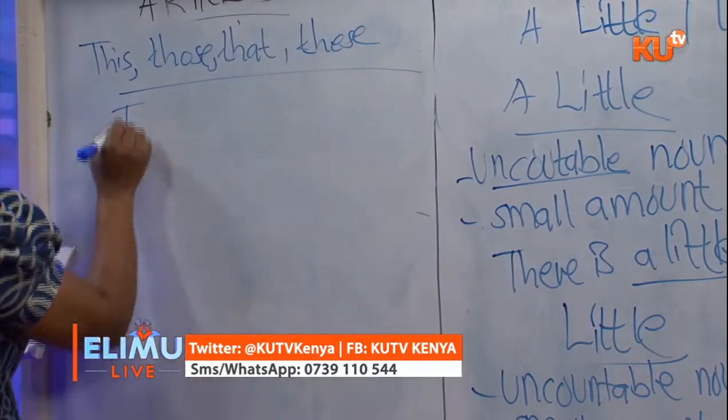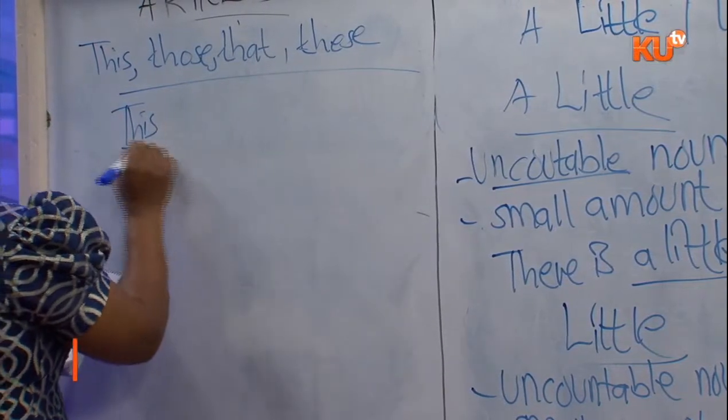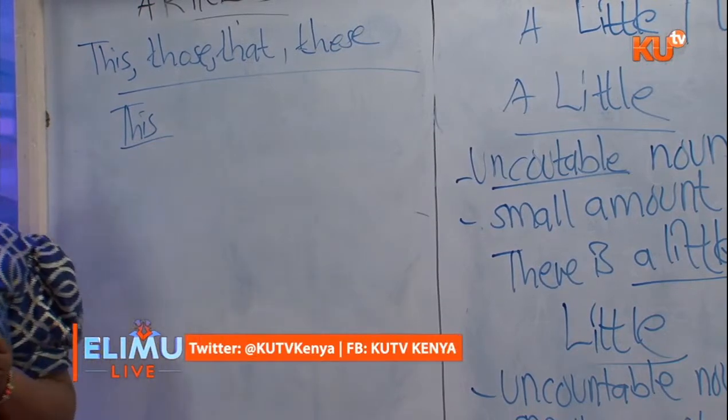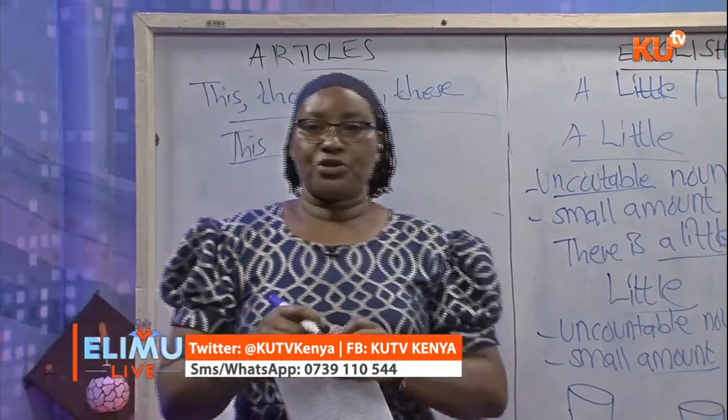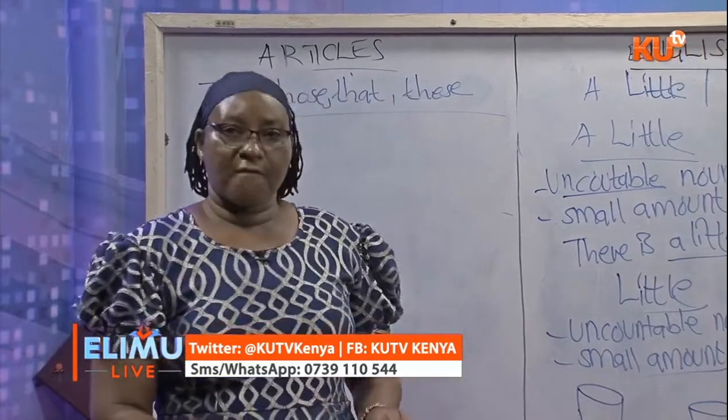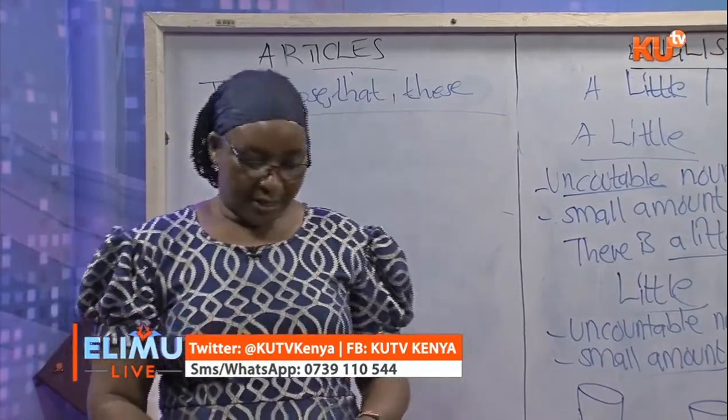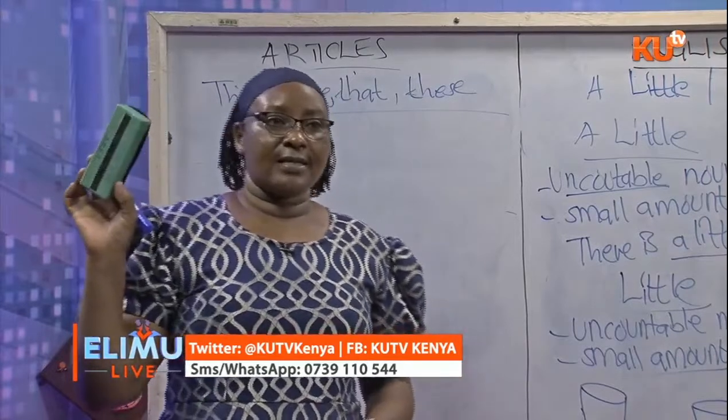So we start with this. Now, determiner this is used to show something which is very close to you. For example, this is a duster.